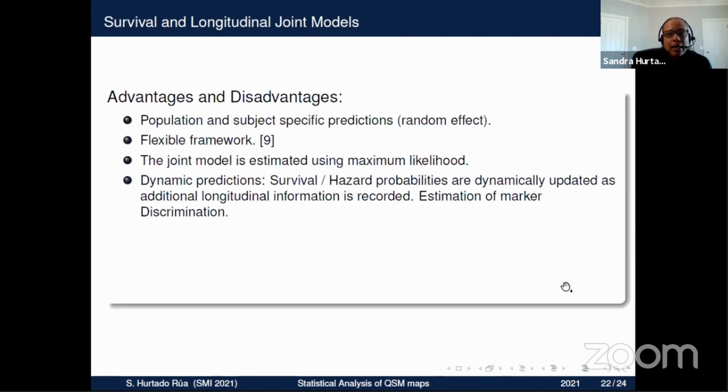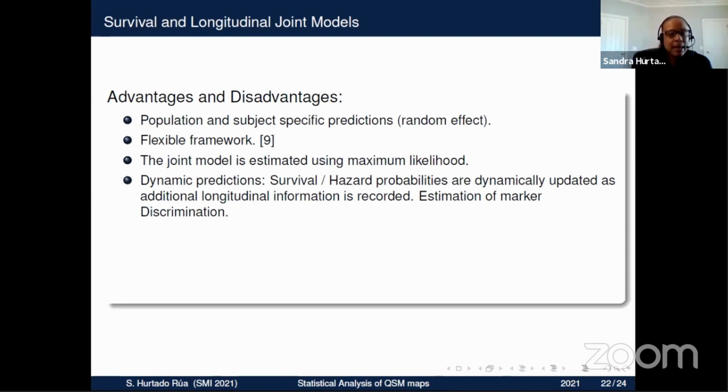The advantage of this model is that because you have this random effect, you can do subject-specific prediction, and obviously you can marginalize and get population estimates. It's a very flexible framework and relatively easy. It was introduced by Rizopoulos in 2010, and it uses maximum likelihood.